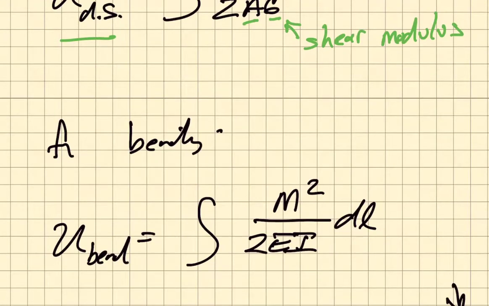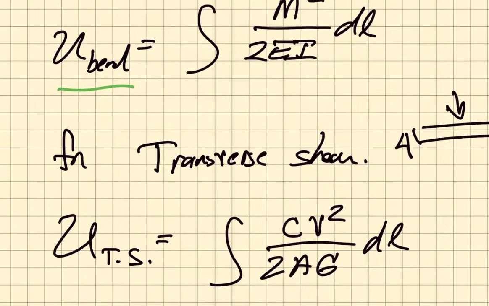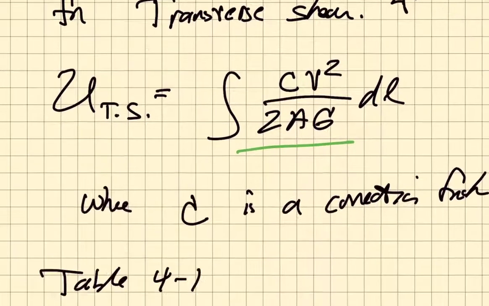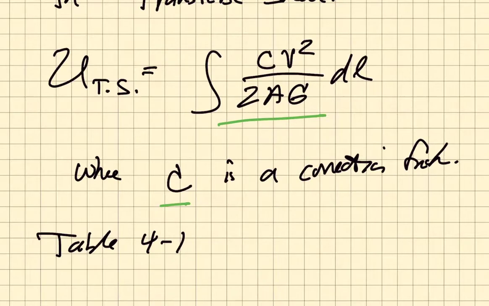And for bending, the energy due to bending is just the moment squared divided by twice EI integrated along the length of the bar. For transverse shear, it is just CV squared over 2AG integrated along the length of the bar, where C is a constant you can look up in table 4.1 in the Shigley textbook.